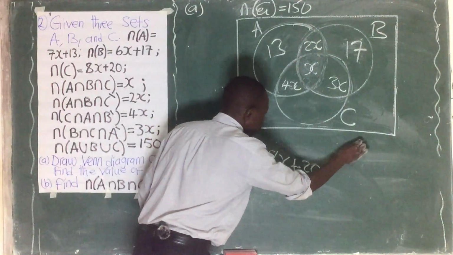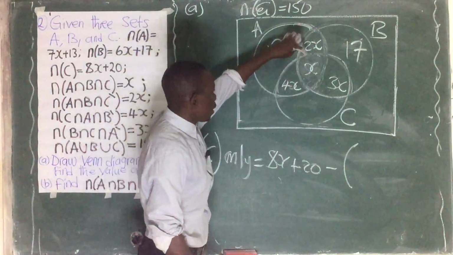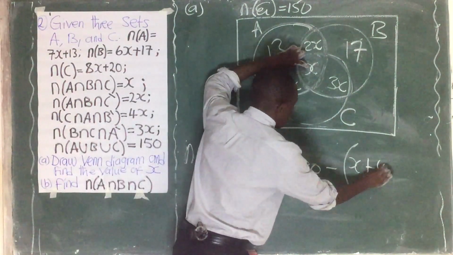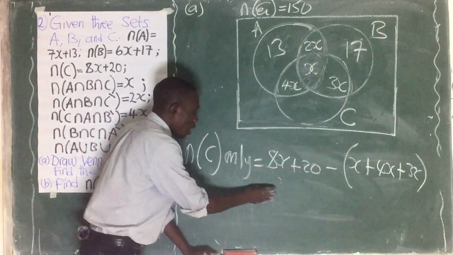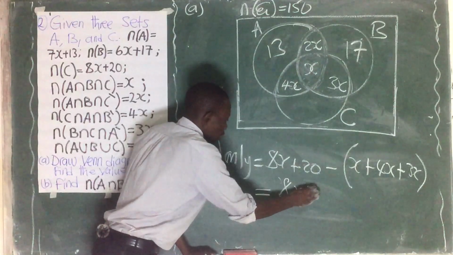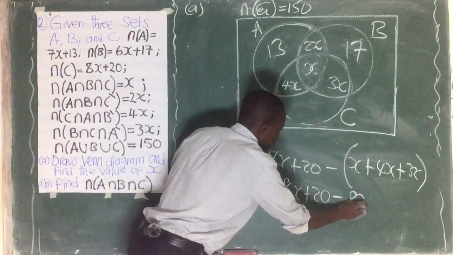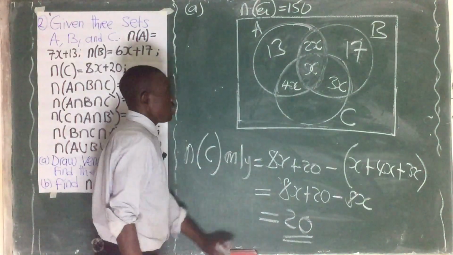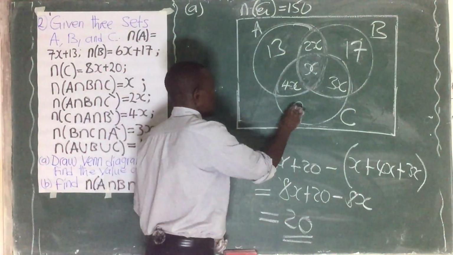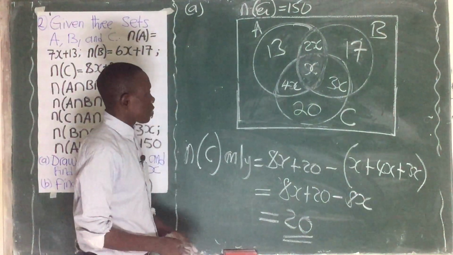So represent this one as a number. This should subtract what? We are subtracting x plus 4x plus 3x. What do you have there? We have got 8x plus 20 minus 8x. So the result we have here is 20. So which means in C only we have got 20 elements.